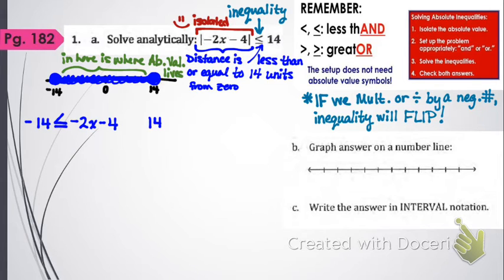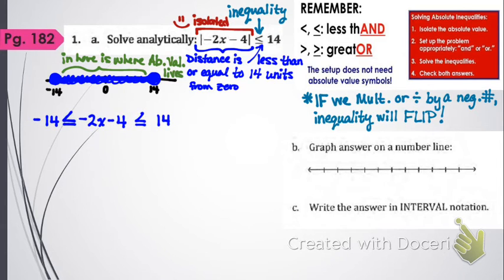These things that are shaded are all bigger than negative 14, so the alligator would munch on this. Would the alligator eat the 14? Yes, he'd keep munching all the way this way. So another greater than or equal to here. This is called a compound inequality.